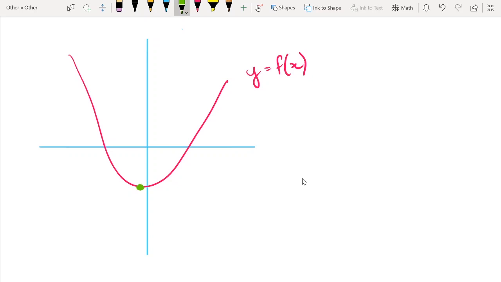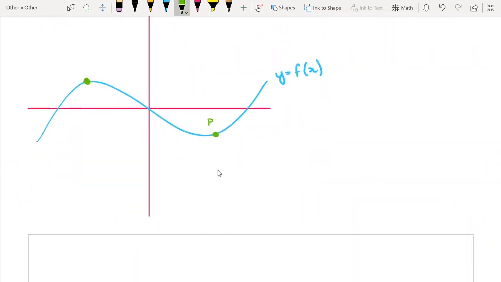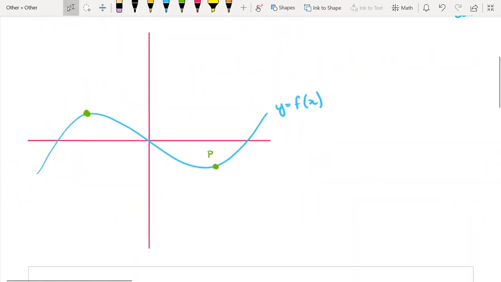Now, if I want to find the x coordinate of that turning point, what do I know? Well, I know that the gradient here is 0, so I can do dy by dx equals 0. Once I differentiate it, I set that equal to 0, and I can find x.